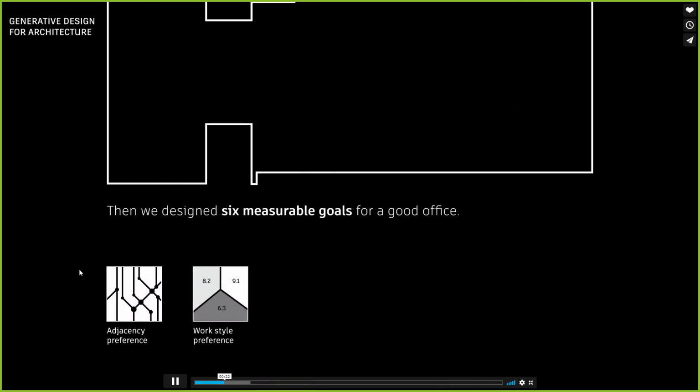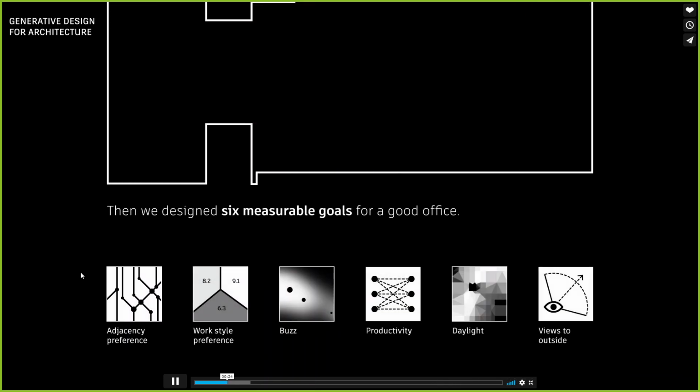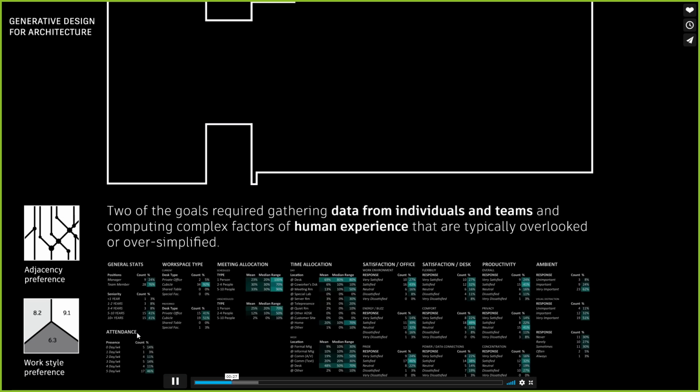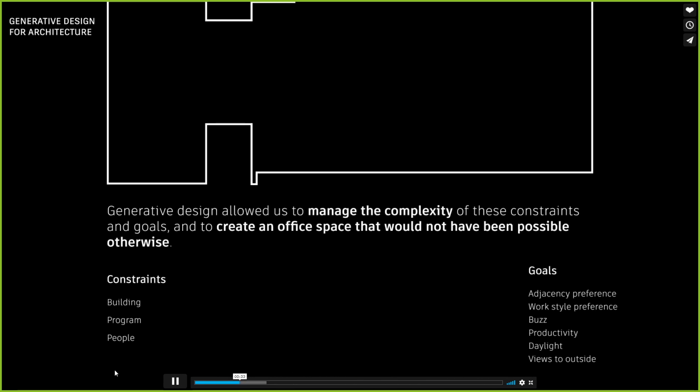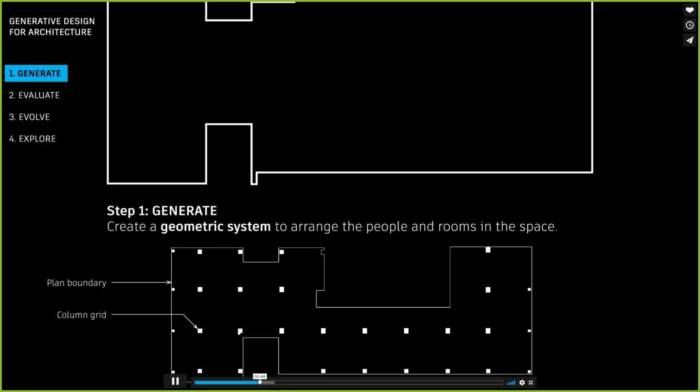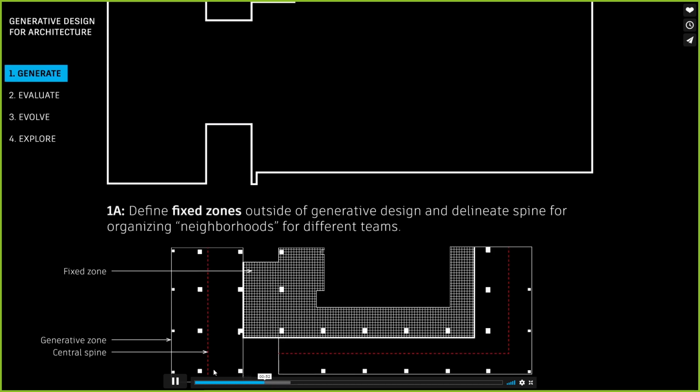And then we're gonna use different measurable goals. How do you know people's work style preference? You have to survey them? Yeah, go on. I'm sick of reading out the video now.